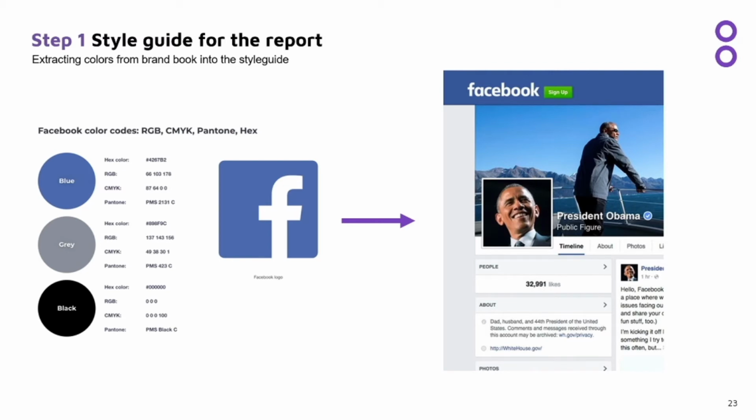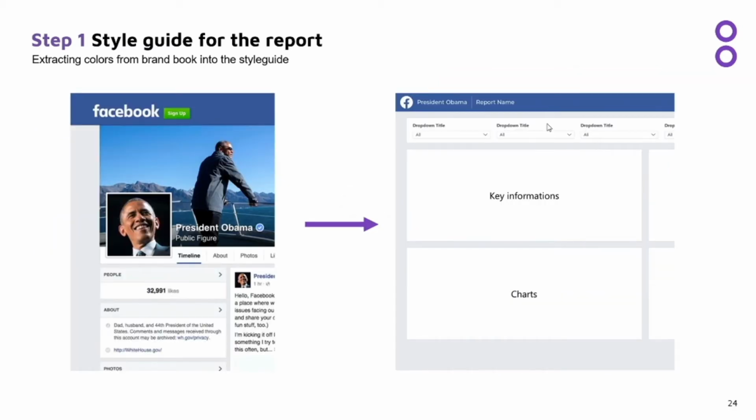For example, even if you don't have a visual department with a style guide ready at hand with your primary colors or secondary colors, you can take the colors from your company's website. You can take the dominating colors, and then based on those colors, you can design a background for your report.